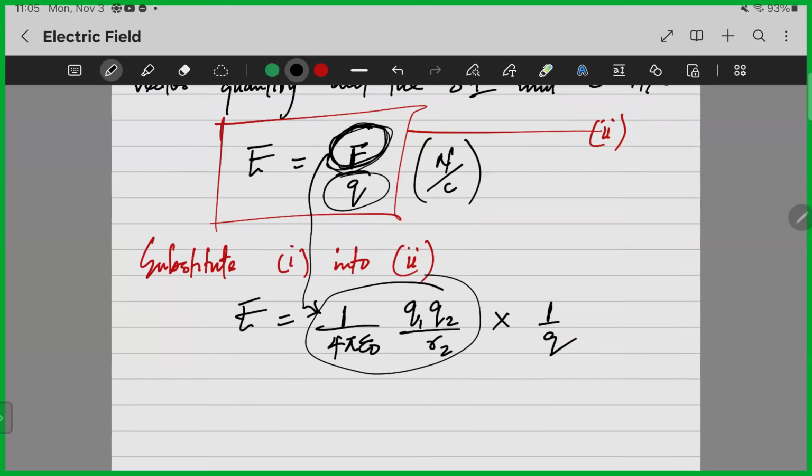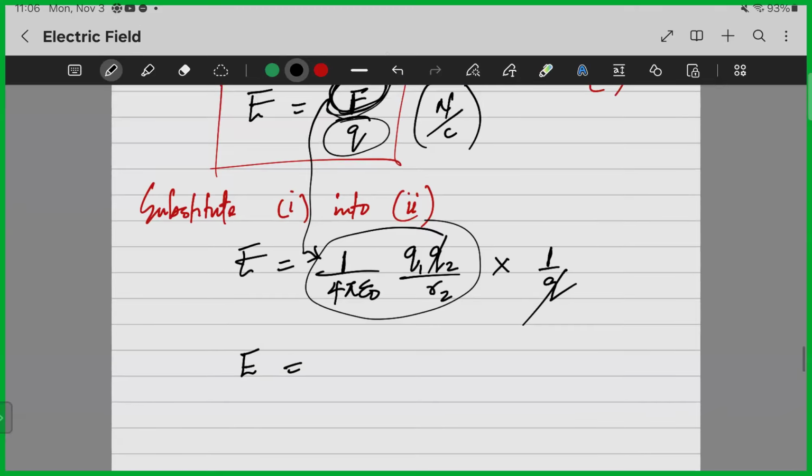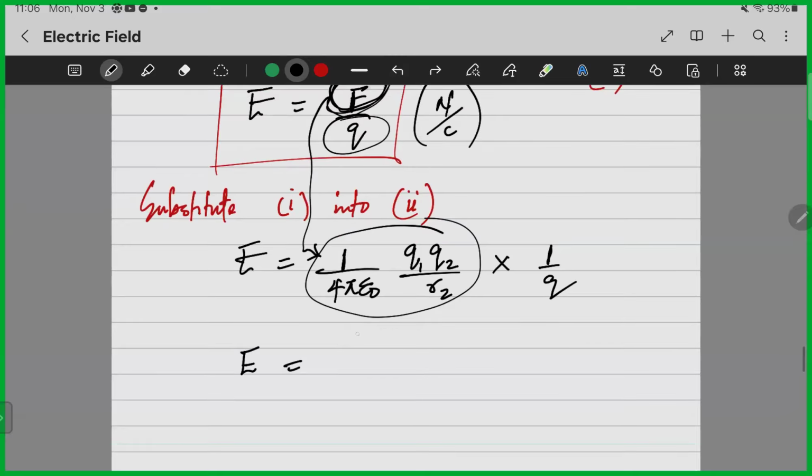Now one of the Q's can cancel out, because two charges are interacting, so one of them must be involved. I've told you not to cancel things carelessly. So one of the Q's goes, and what we are left with is 1 over 4 pi epsilon naught Q over R squared. Just leave one Q over R squared.